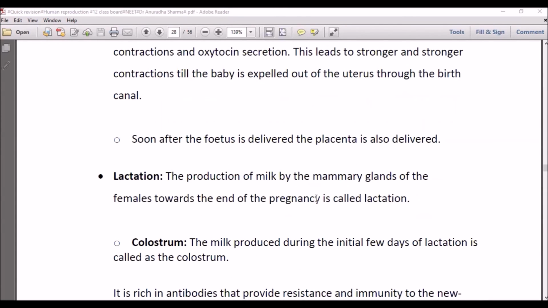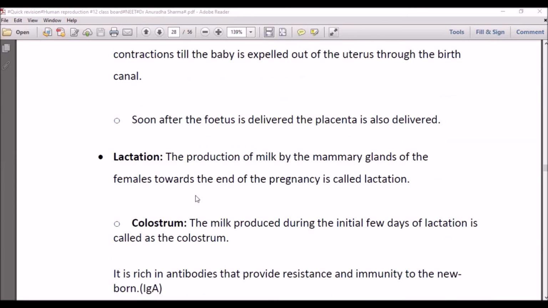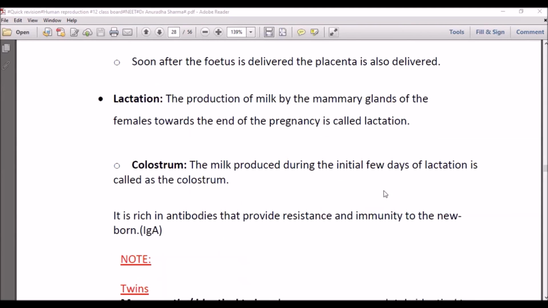Now after that, the lactation period is there. That is the production of milk by the mammary glands of the females towards the end of the pregnancy, known as the lactation period. Now, colostrum is very important. It is the milk which is produced during the initial days of lactation. So, after delivery, the first milk produced by the mammary gland of the female is colostrum.